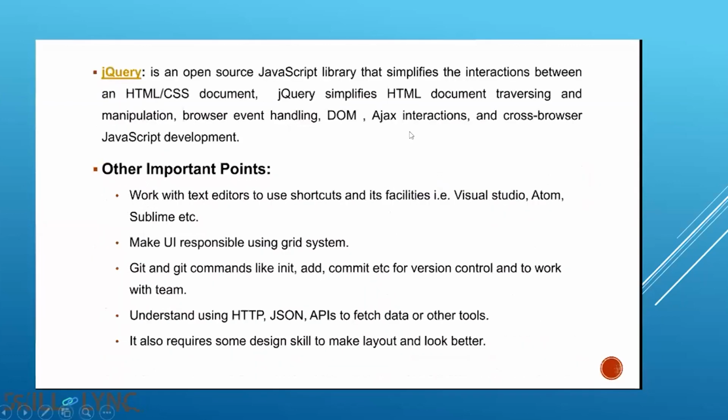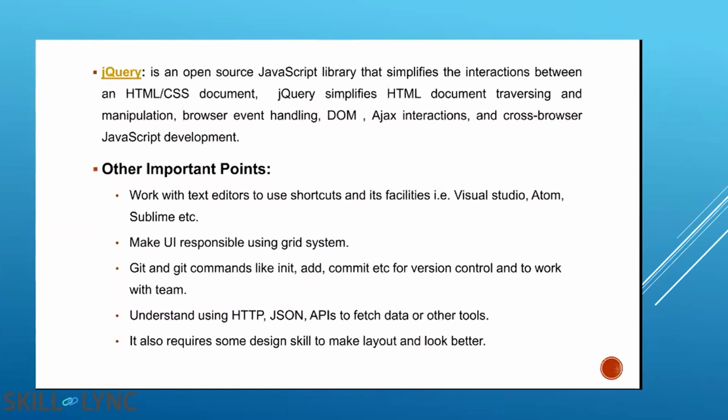Now, next, one more thing that is called jQuery. There are so many frameworks and so many libraries. In that, we have seen React as one library. Like that, there is one more library called jQuery, which makes your document very simplified. Like if you want to do a click event, something that has to happen when you click.